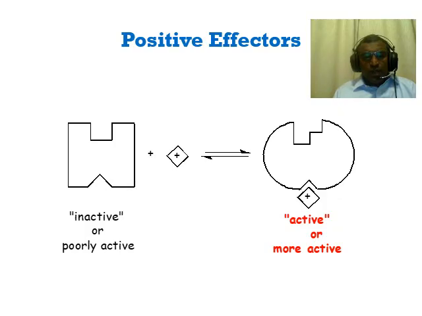Similarly, you also have the positive effector under allosteric regulation. So what was not accepting the substrate because of its shape, once the positive effector binds to this region here, it now changes to a shape similar to the substrate, and therefore the reaction can proceed.